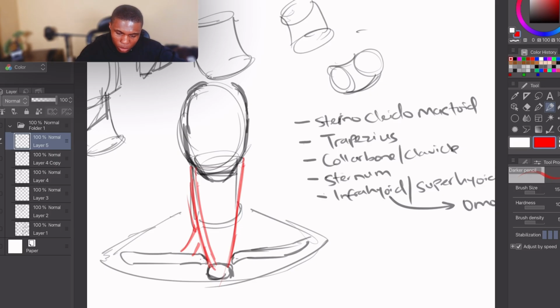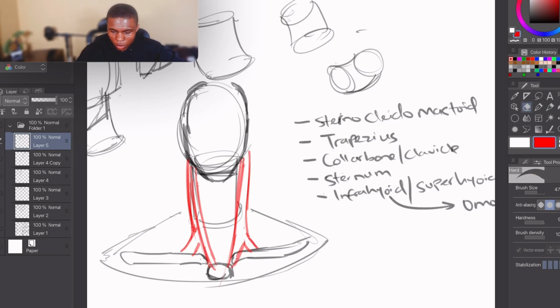Of course, the muscle is far bigger than this. So this is the sternocleidomastoid. The next muscle is going to be the trapezius muscle.